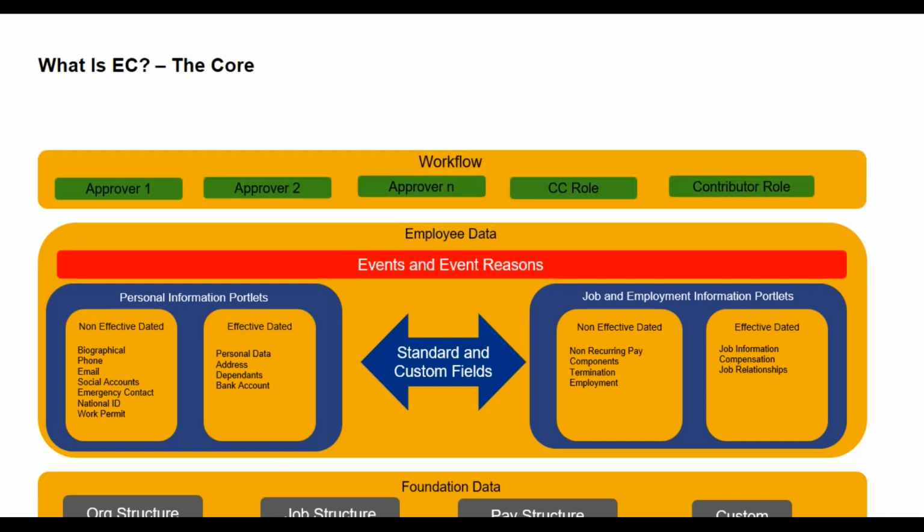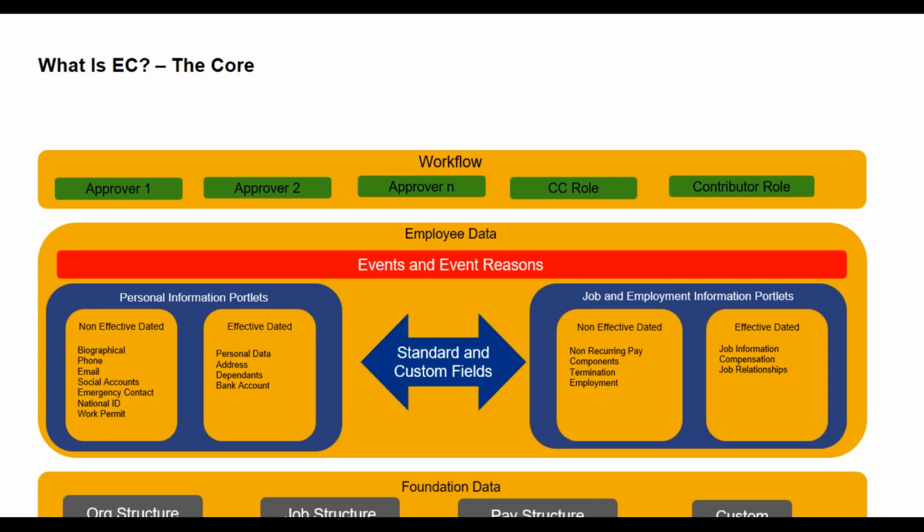Some of the events or records that you process may also contain workflows or approvals. These approvals can be of any number, any levels. Different processes can contain different levels of approval.